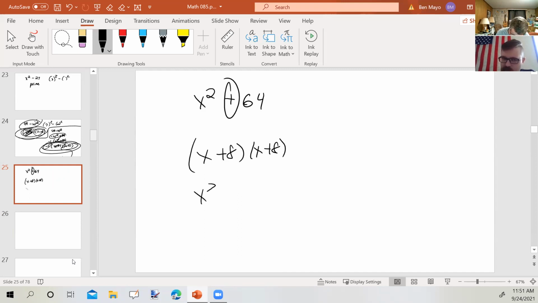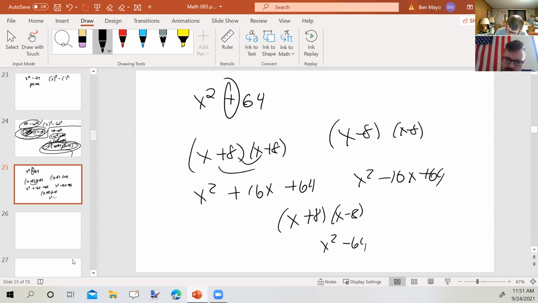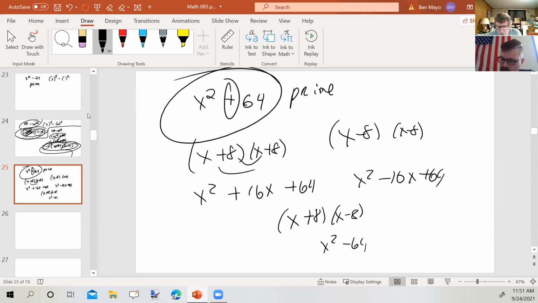No, because that would be x squared plus 16x plus 64, because there's that middle term. Well, maybe it's x minus 8 times x minus 8. Well, that's going to be x squared minus 16x plus 64. Well, how about x plus 8 times x minus 8? Well, that's going to be x squared minus 64. This is prime.